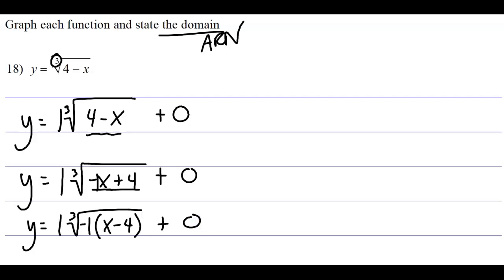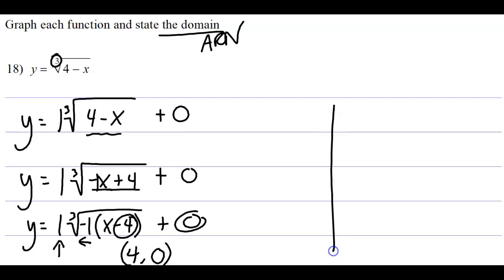My starting point is going to be positive 4, 0. And my direction is going to be up and left because of the positive 1 in the front and the negative 1 in the front on the inside. So, starting from my starting point, 4, 0, which is right here, I'm going to go up and left. So that's going to look like this.